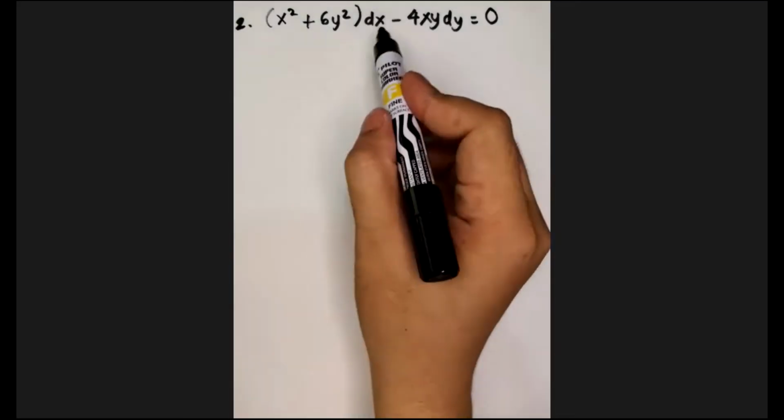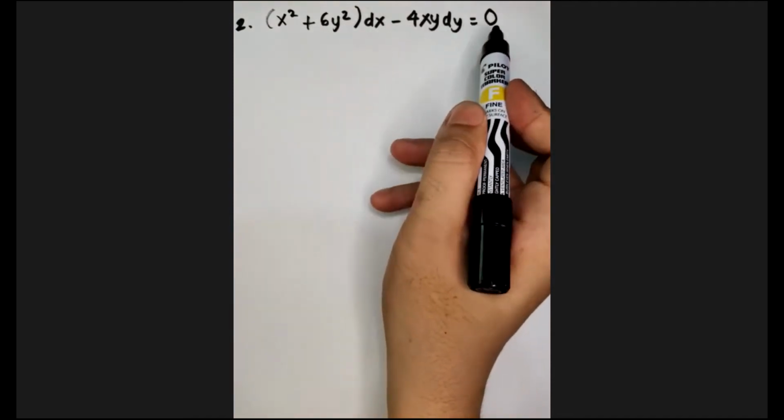We're given that the quantity x squared plus 6y squared dx minus 4xy dy is equal to 0.